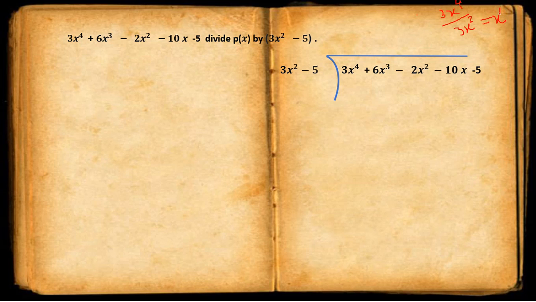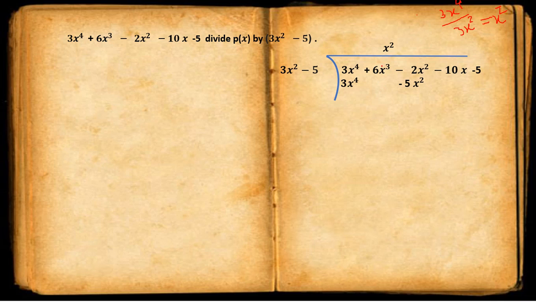What is the meaning of this? x raised to the power 2 multiplied by 3x square gives 3x raised to the power 4. So we write in the quotient place x square, and this x square multiplied by 3x square gives 3x raised to the power 4. Similarly, x square multiplied by minus 5 becomes minus 5x square.